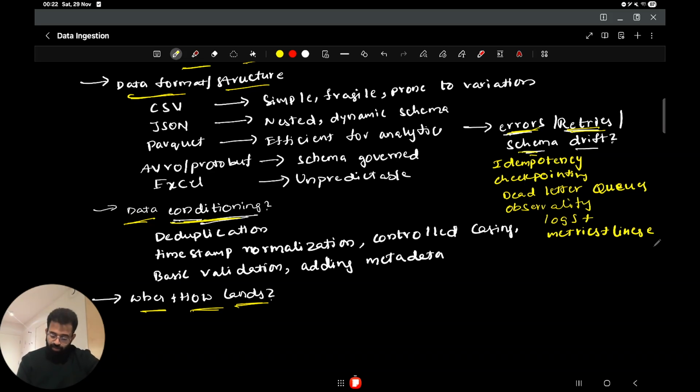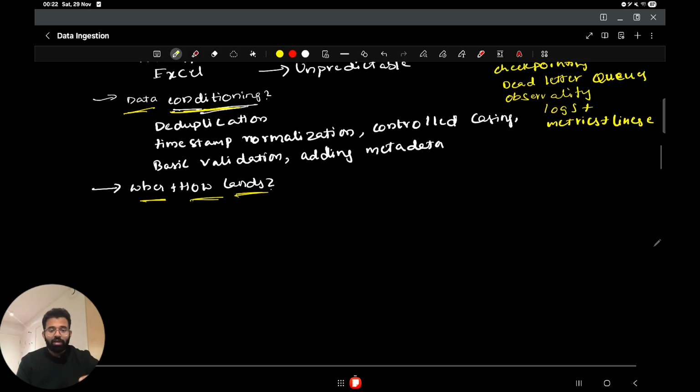In short, if you ask me what a good data ingestion pipeline looks like, I would answer that a good ingestion layer feels predictable, quite observable, scalable, reusable, and boringly reliable.